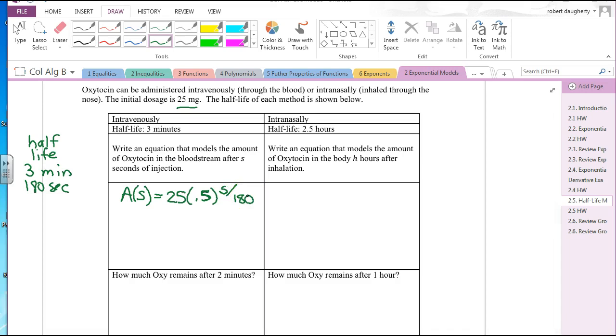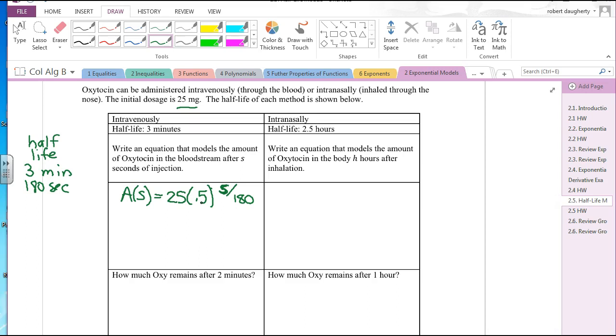The amount that I have left based on how many seconds after I take it is 25 times 0.5 to the, and this is where maybe I shouldn't have used S, but it's an S. So 0.5 and then to the S over 180. So that tells me how much is left after a certain amount of seconds.